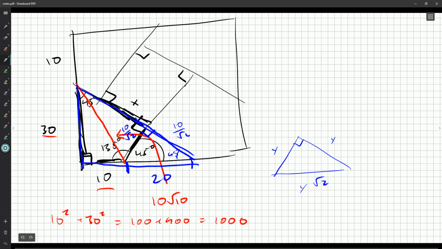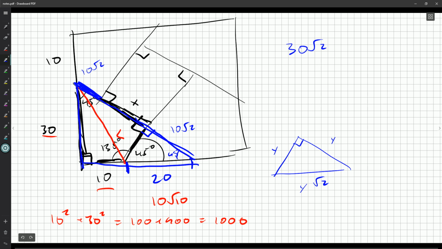So each of these is going to be 10 over root 2. And so that's the same length as it is up here, so 20 over root 2. So 10 root 2, sorry. It's been a long day of recording. Each of these is 10 root 2. But the total length should be 30 root 2.